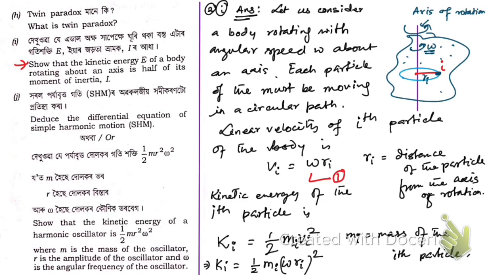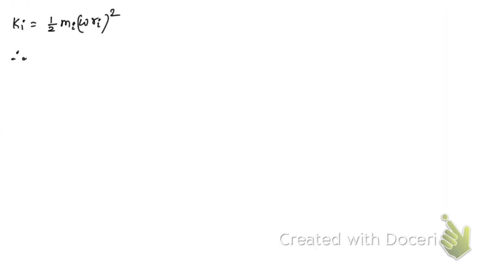here you see, I have taken a rigid body, right? So how to find the kinetic energy of this rigid body? If you add the kinetic energies of all the particles, then you're going to get the total kinetic energy of this body, right?